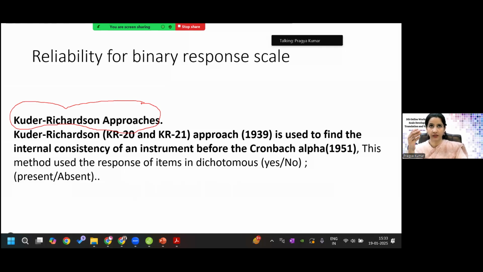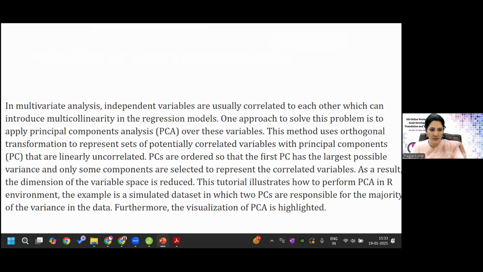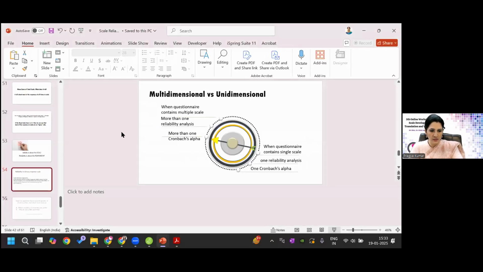So yes, this can be used, KR20 and 21. You only need to mention it, because in Jamovi, and in JASP also, if you enter binary instead of Likert, the value of Cronbach alpha which you get, that reliability value, is the value of KR20 and 21. So I think that's it.